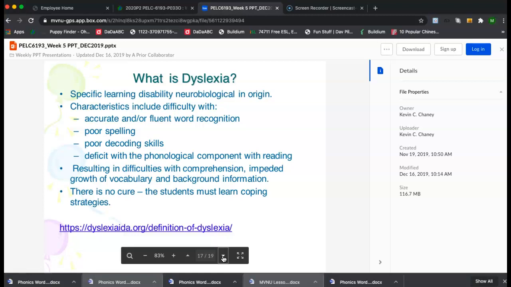Well, when you put those characteristics together, students are going to have difficulty with comprehension. Dyslexia impedes vocabulary growth and background information. So students that have dyslexia, there's no cure or pill that they can get from their pediatrician. They must learn coping strategies. And we've looked at some of those strategies in our flip charts.